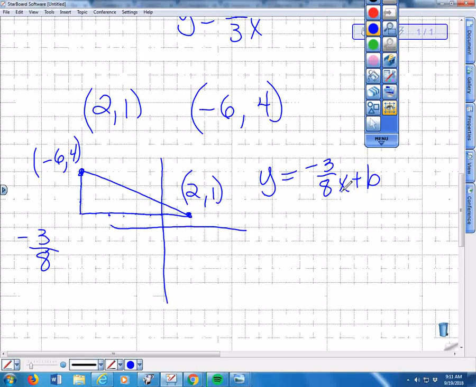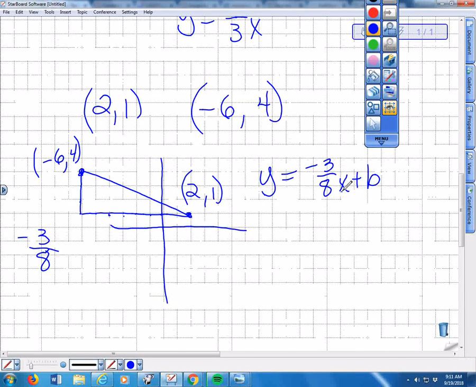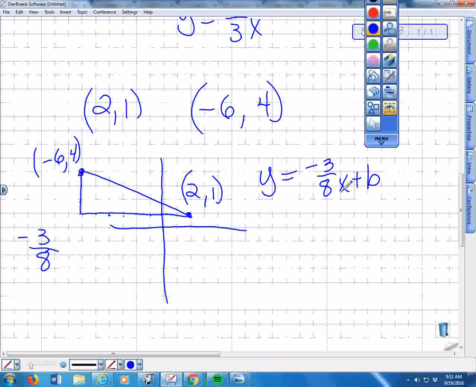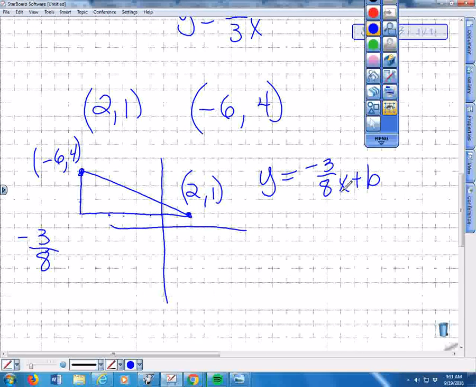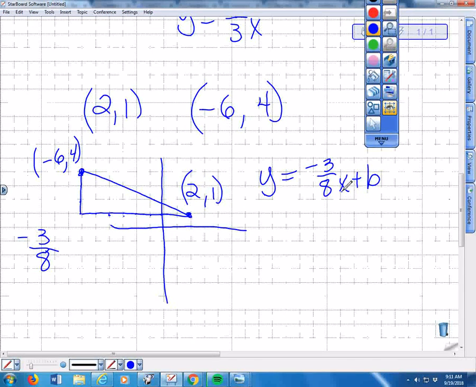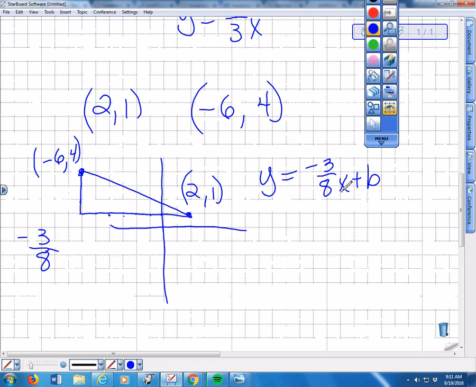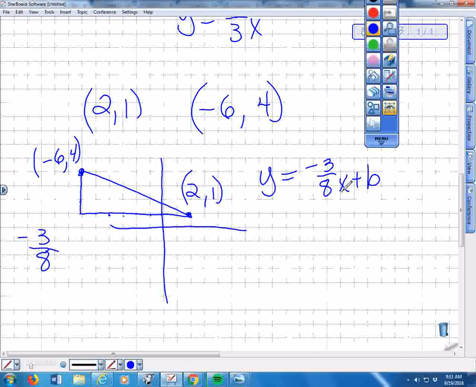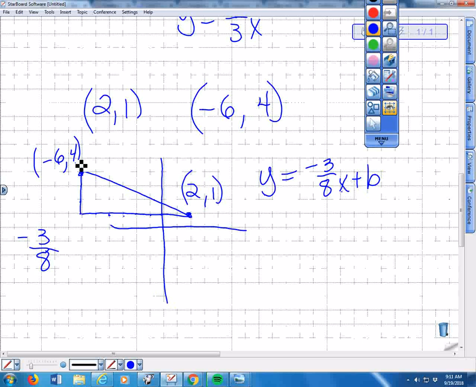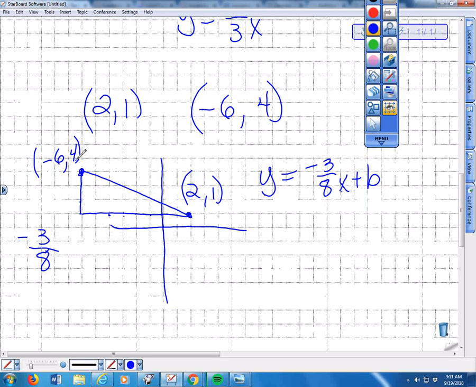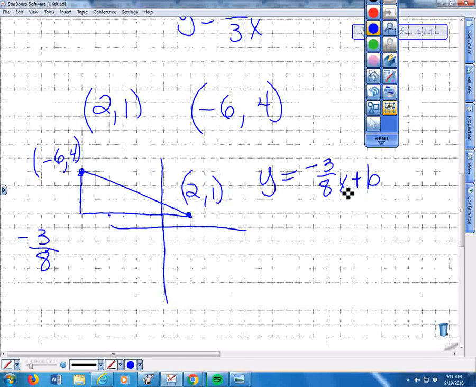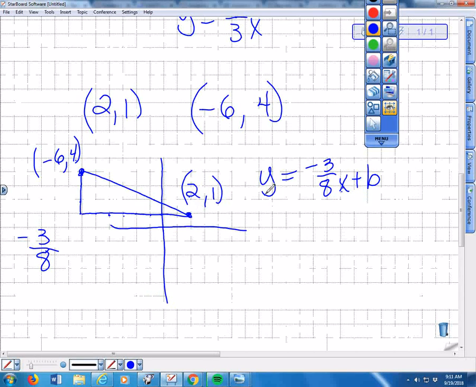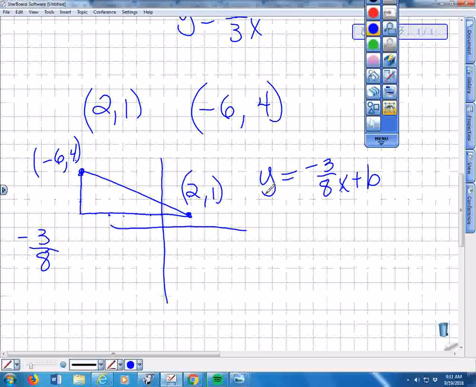What can I do? Plug in what? What y? Okay, so what you're saying is pick a point, because we know those 2 points are on this line, right? I could pick this point, or this point. This is x, this is y. So all I have to do is plug that in for x and y, and then I can find, with some algebra, what b is.